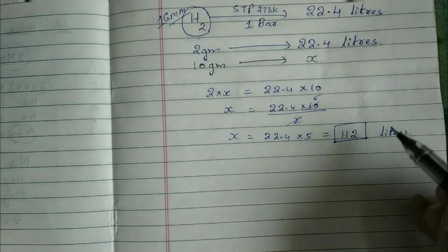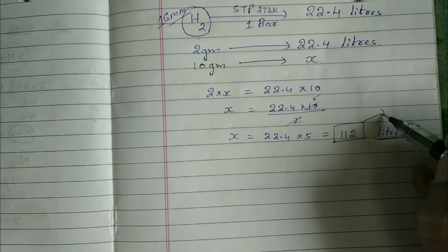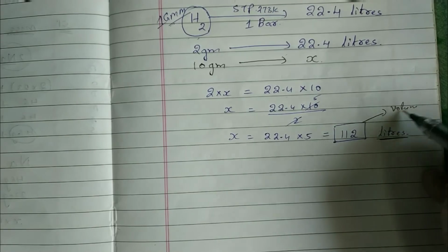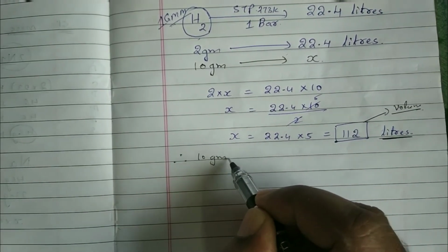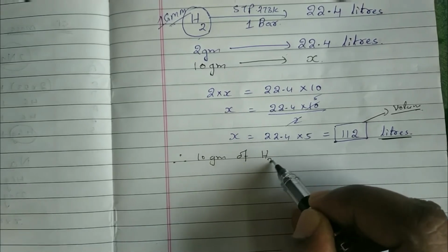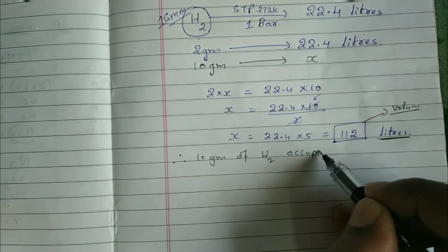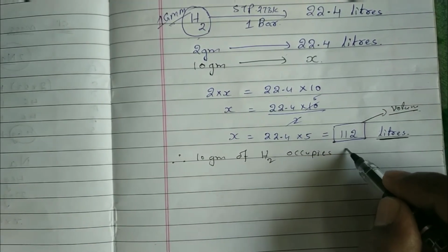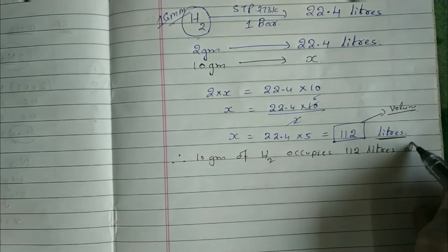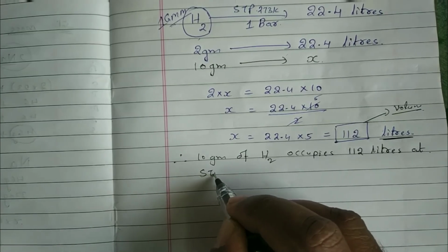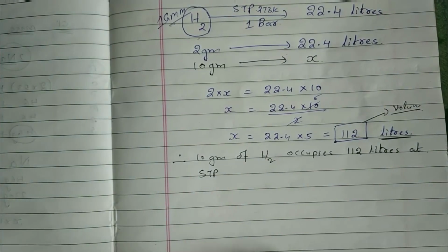So finally this is the volume. Therefore 10 gram of hydrogen occupies 112 liters at STP. So this is our answer.